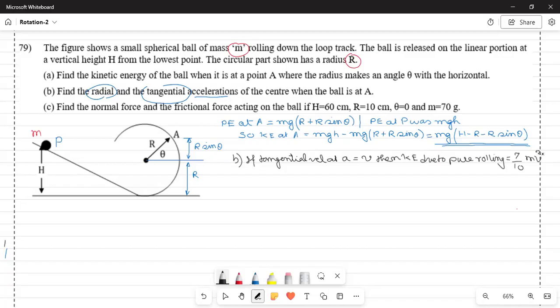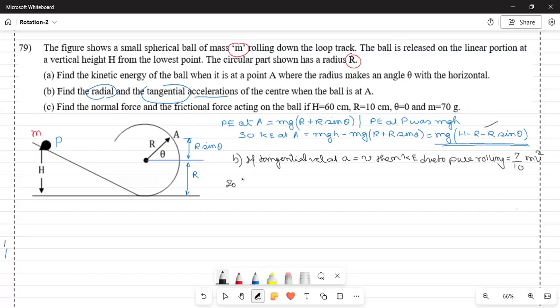I am not doing it once again because I have done it in the last example. So 7 by 10 mv square is another expression of kinetic energy that we have already got.